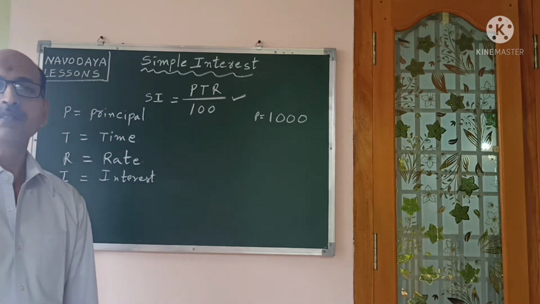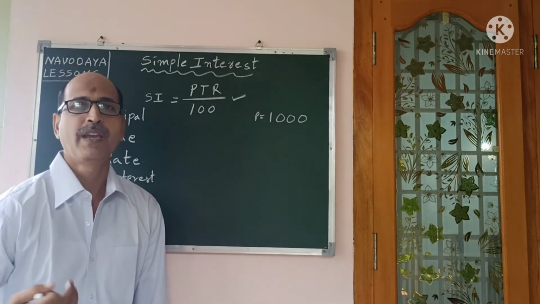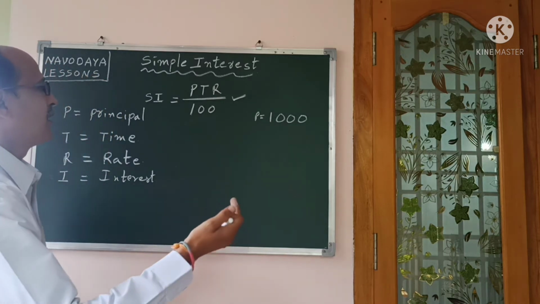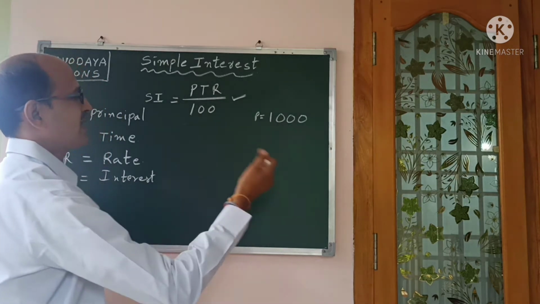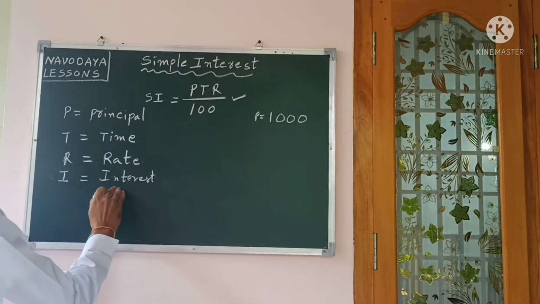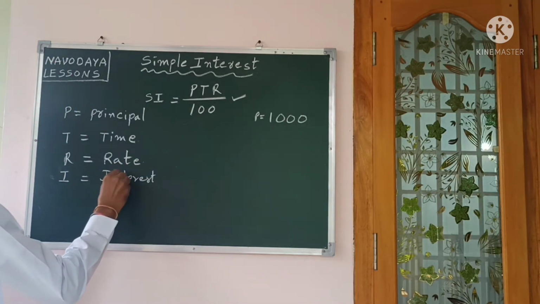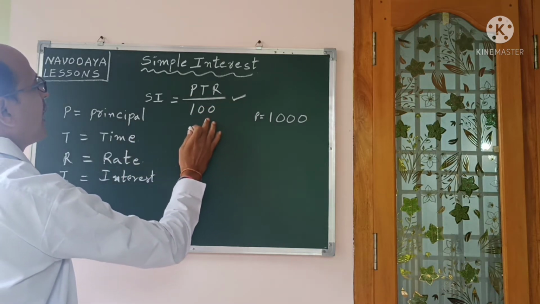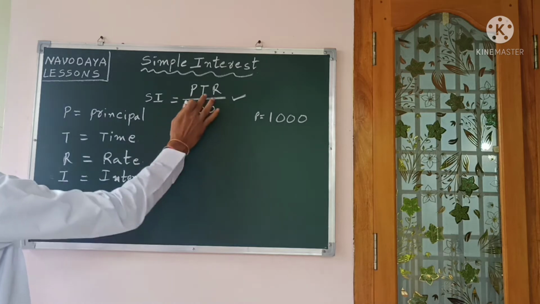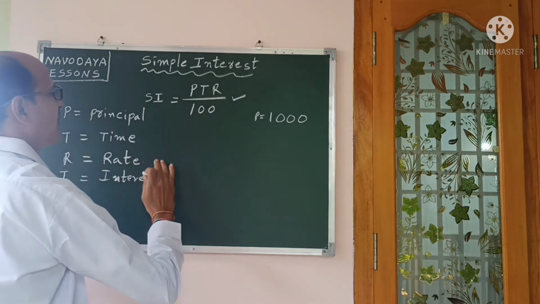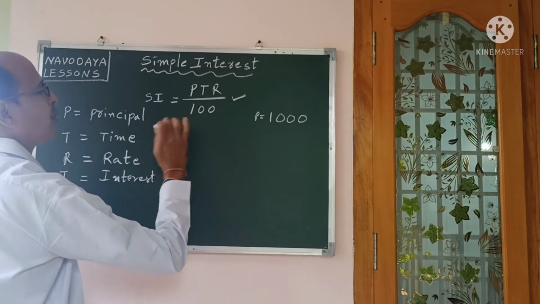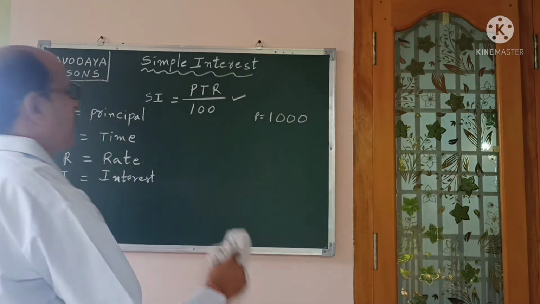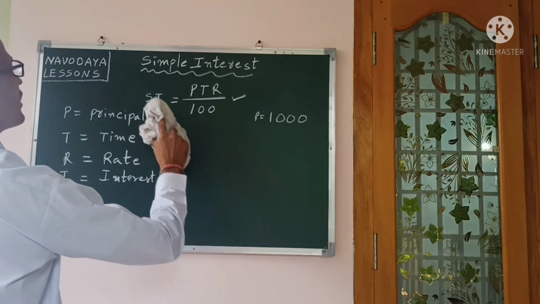If you take some money from the bank, you have to pay some charges to the bank over and above the principal. That extra amount is called interest. The formula for finding the interest is P T R by 100. Here P is principal, T is time, R is rate of interest, and 100 is the denominator.